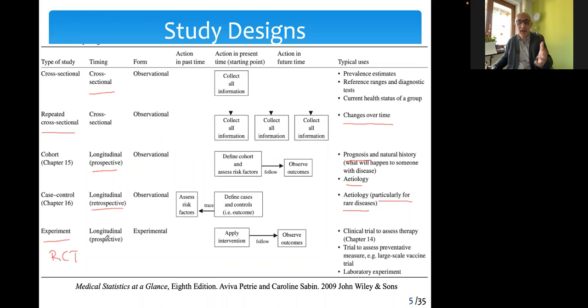So from the time perspective, the cross-sectional study is taking a picture of the time. The repeated cross-sectional is taking multiple pictures throughout the time. And cohort is classically prospective, but we may have also retrospective or historical cohorts. Case control study design is retrospective, and experimental or interventional studies are prospective. Okay.